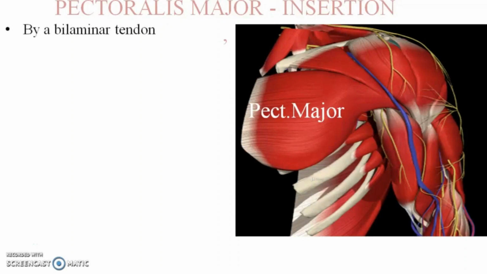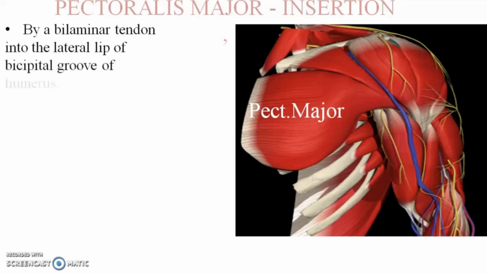It is inserting by means of a bilaminar tendon. Bilaminar in the sense it will be having two laminas, an upper lamina and a lower lamina, into the lateral lip of the bicipital groove of the humerus bone. So you have the arm with a bone called the humerus. In the humerus we will be having a groove called the bicipital groove, and in that groove we will be having two lips on either side.